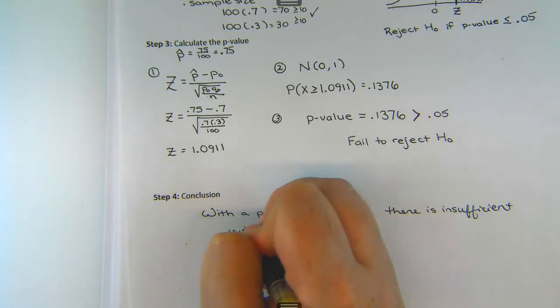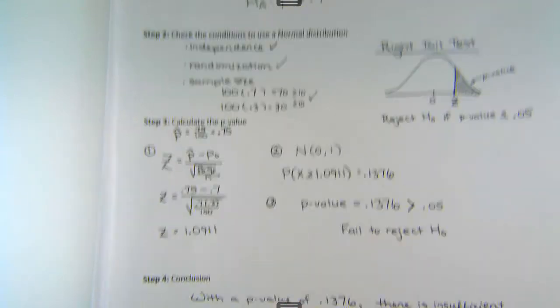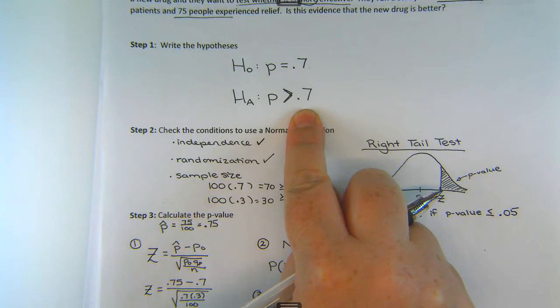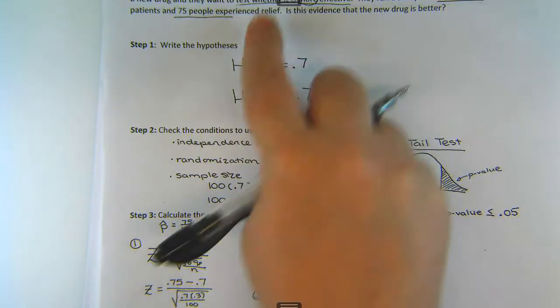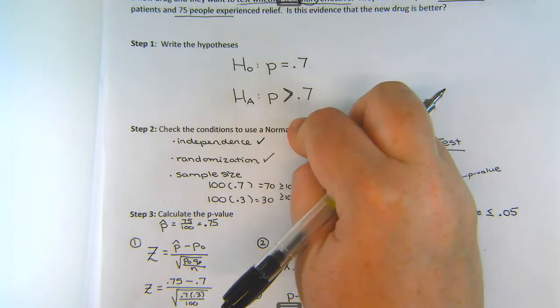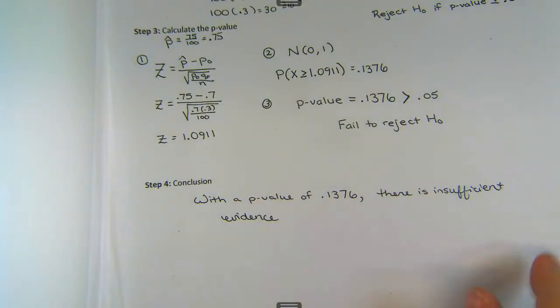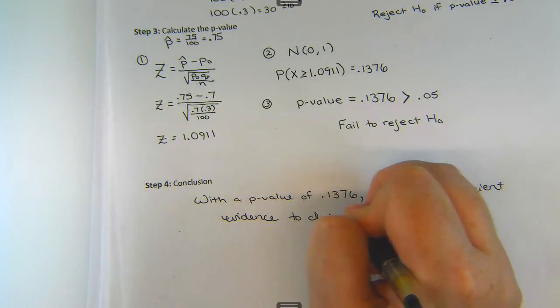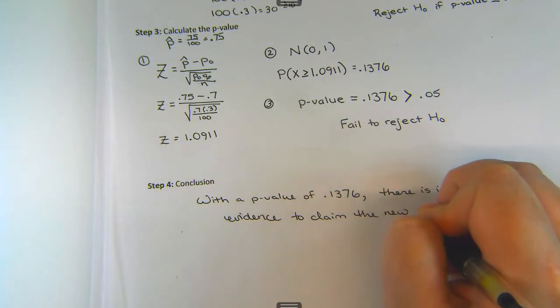And then we grab wording for the alternative hypothesis, which we could say that the proportion that feel relief is more than 70%, or we're kind of testing effectiveness, so we can't claim that it's more effective. So there's insufficient evidence to claim the new drug is more effective.